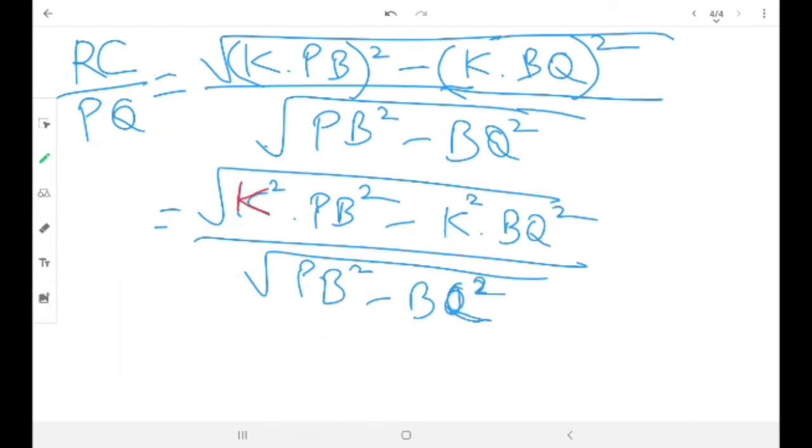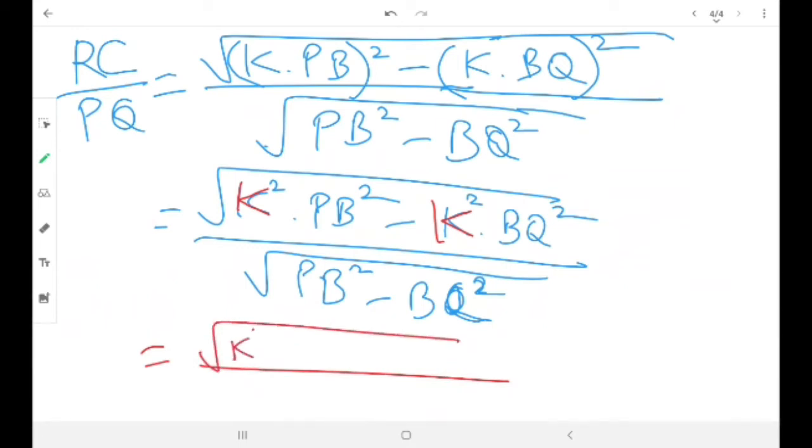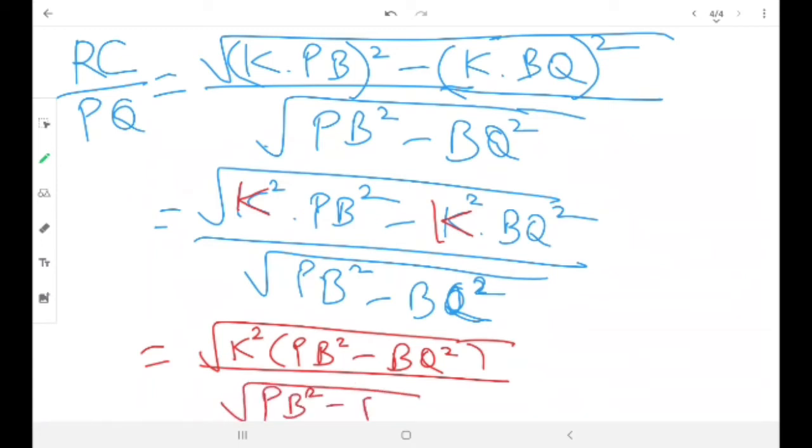K square is common in the numerator. So we have to take K square outside. Root of K square into PB square minus BQ square by root of PB square minus BQ square.